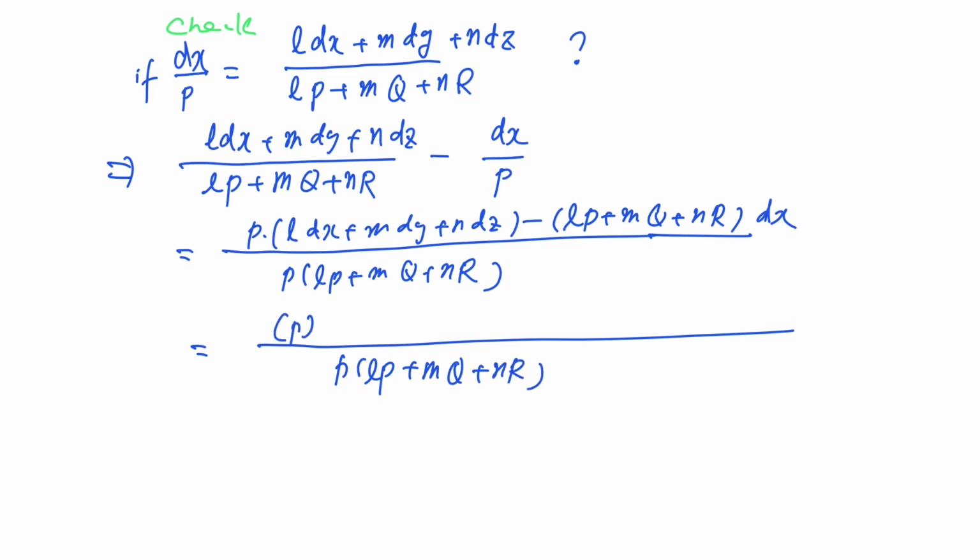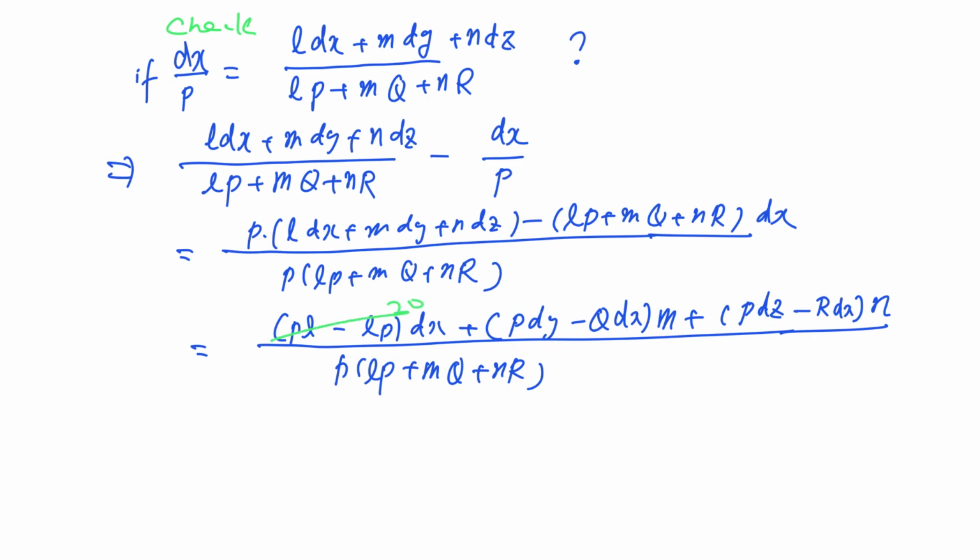What happens? The lP dx terms cancel, leaving m(P dy minus Q dx) plus n(P dz minus R dx), right? This one is 0.